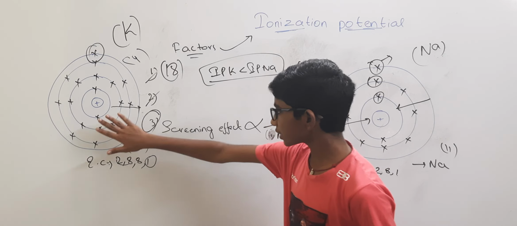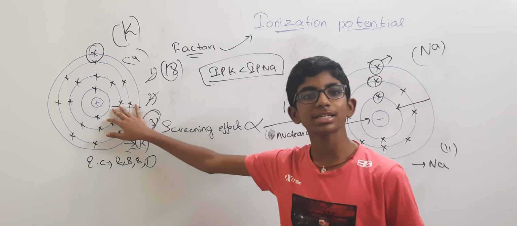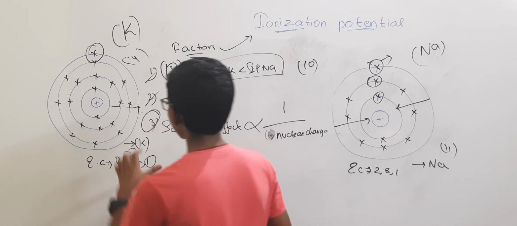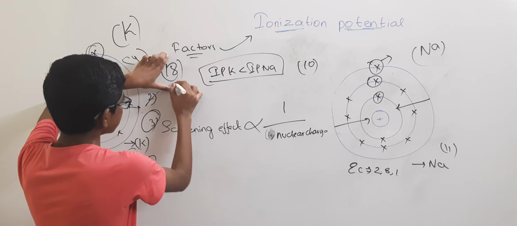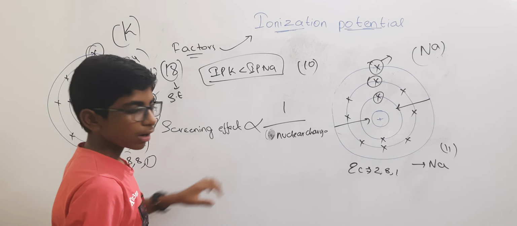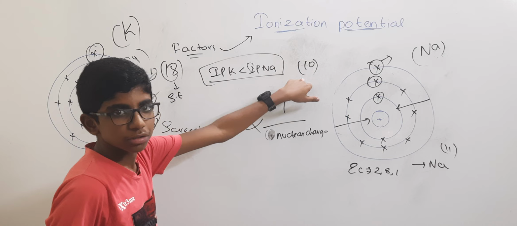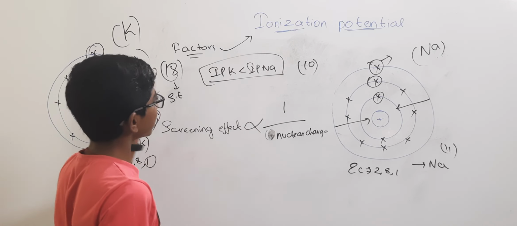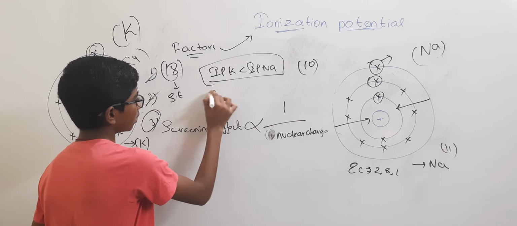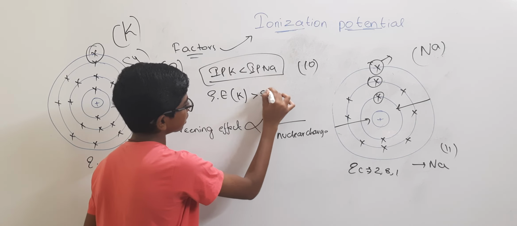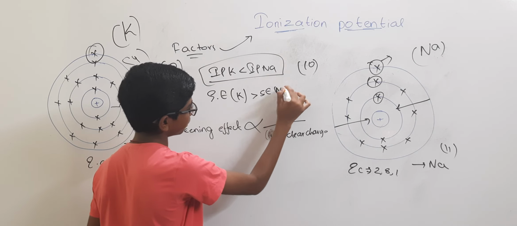If the attraction from the nucleus decreases, ionization potential also automatically decreases. In this way, there are 18 electrons in potassium which are shielding very much. The shielding effect is more. In sodium there are 10 electrons, so the shielding effect is less than potassium. So the shielding effect of potassium is greater than the shielding effect of sodium.